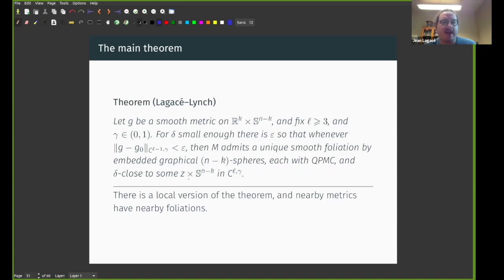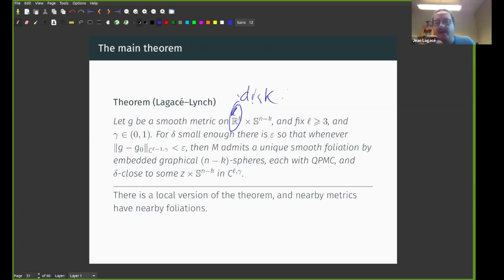So again, there is a local version of this theorem. If instead of having R^k here, I have just a disk cross S^{n-k}, so if I have a disk here, the result still holds.